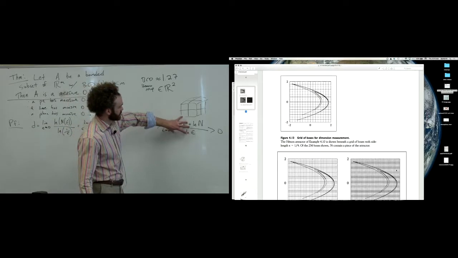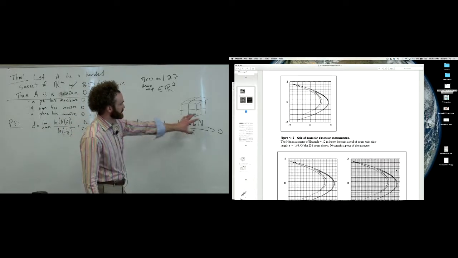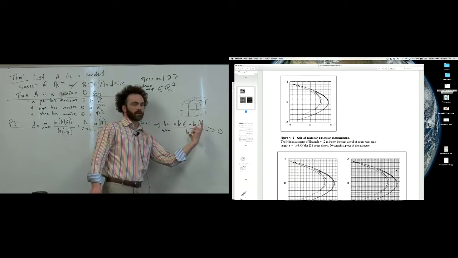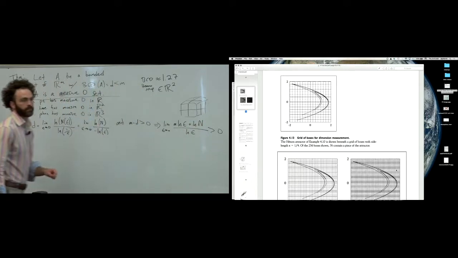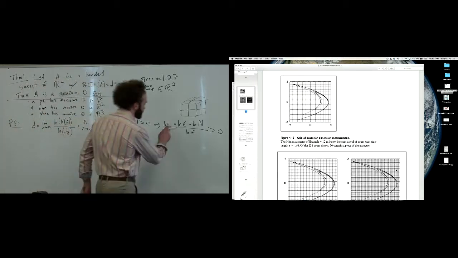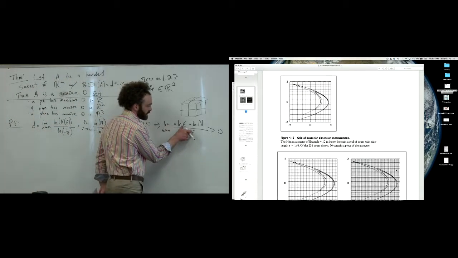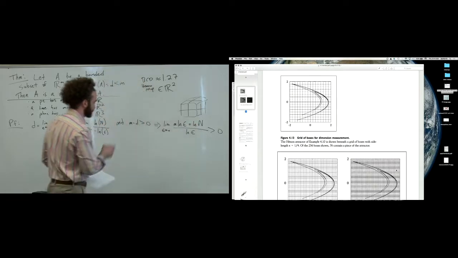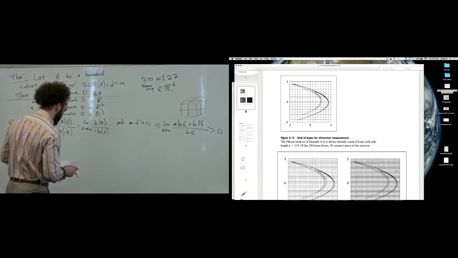So, if I think just about this, this is m. And then this piece is negative d. So this thing is supposed to be positive. What's happening? M is just an integer. Epsilon is getting smaller. N is getting bigger. All right, I'm supposed to get a positive number back.